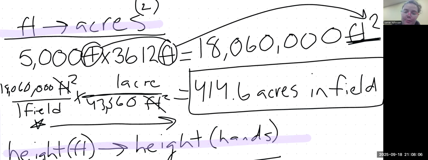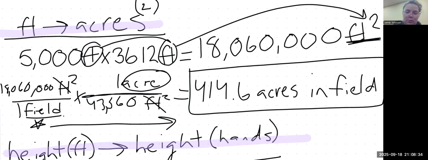Now we know, because we did the math, right? I'll talk about how to do fraction math. But because we crossed out our units, we now know what units we have left. We have field and we have acre.